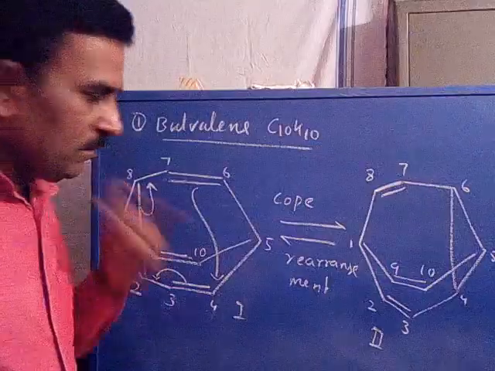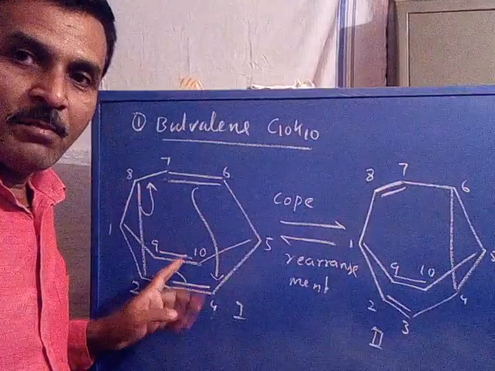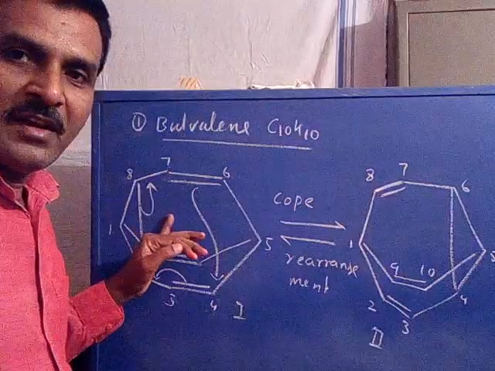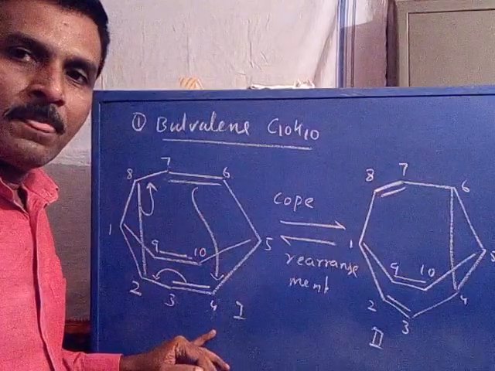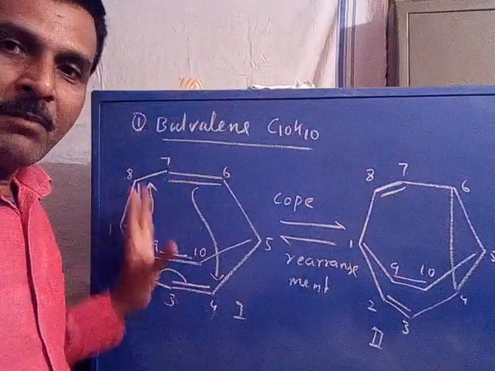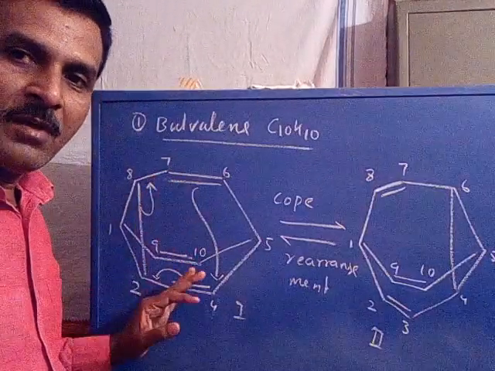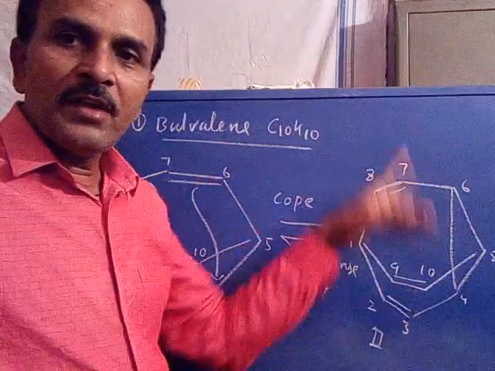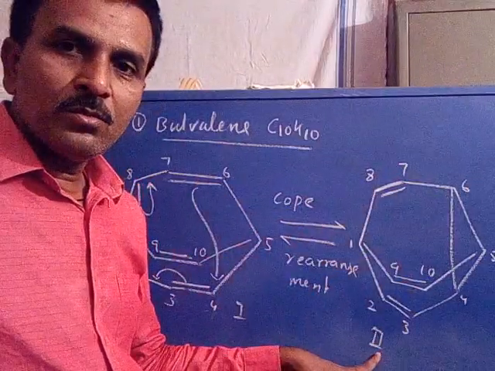Now, exchange of the bonds from the first structure. Say this is the bullvalene structure 1. By the exchange of sigma and pi bonds between different carbons through a Cope rearrangement, it gives a new isomer, that is structure 2.